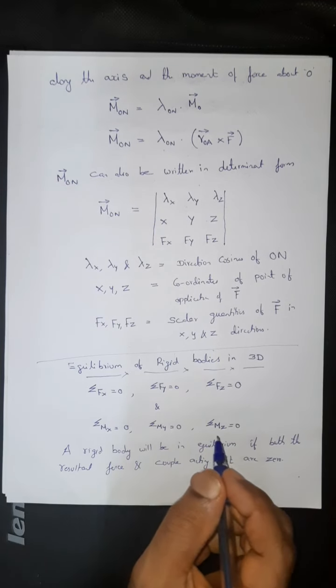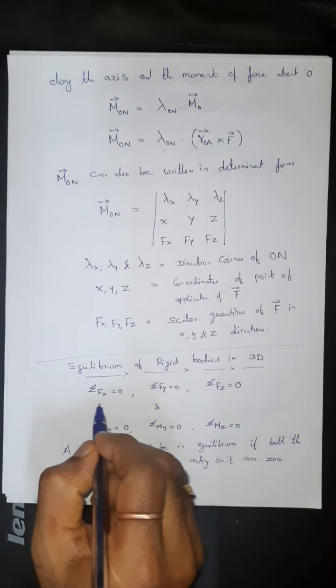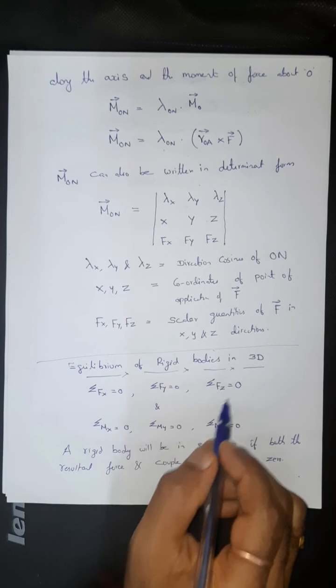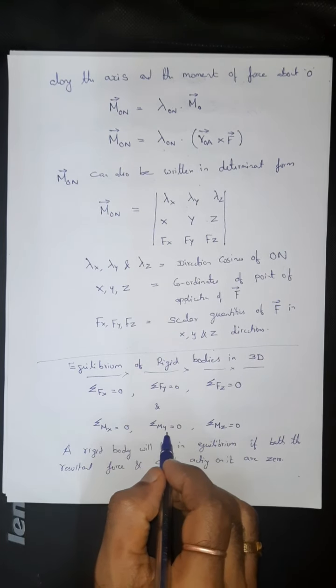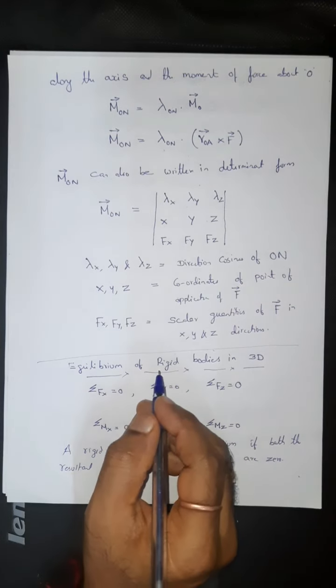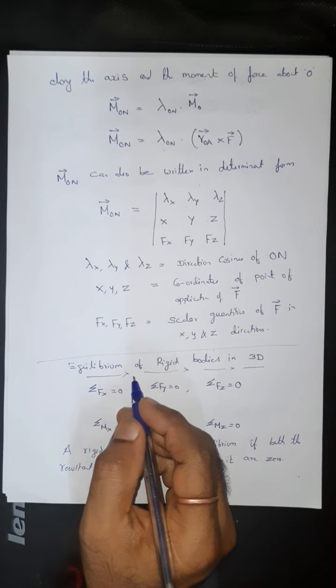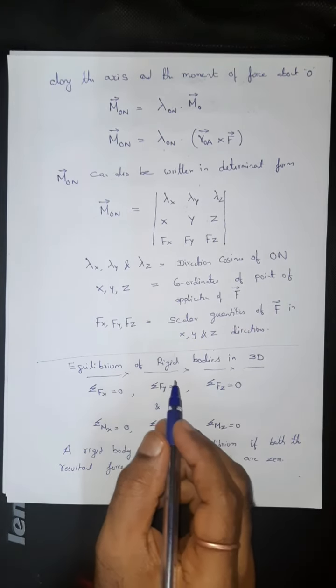Then we'll have to mention that the necessary and sufficient condition for the equilibrium of a rigid body in 3 dimensions is summation Fx equal to 0, summation Fy equal to 0, summation Fz equal to 0, then sum of moment about x equal to 0, sum of moment about y equal to 0, sum of moment about z equal to 0.